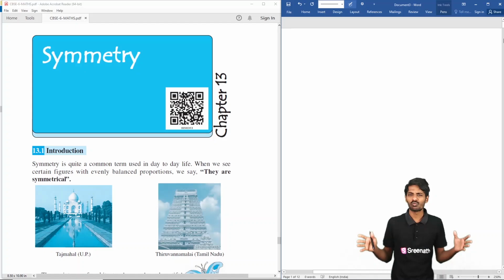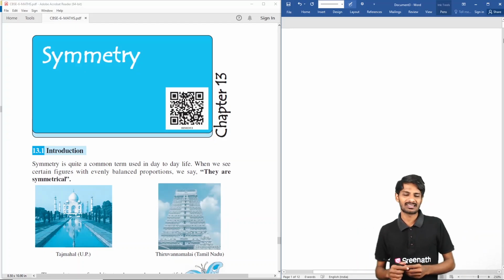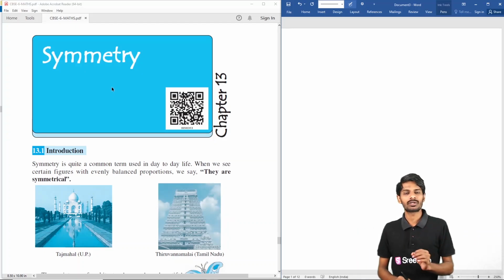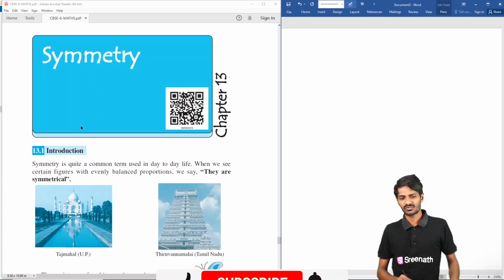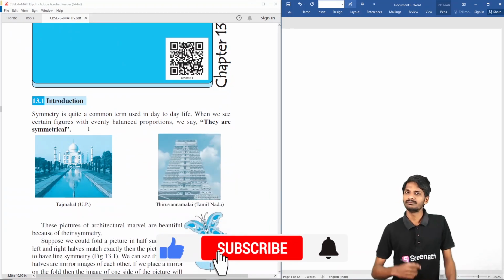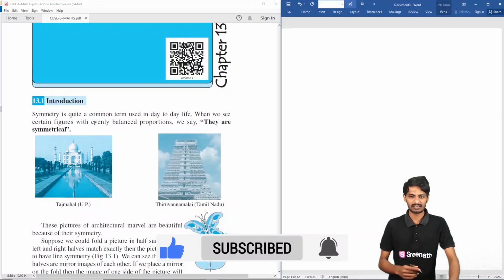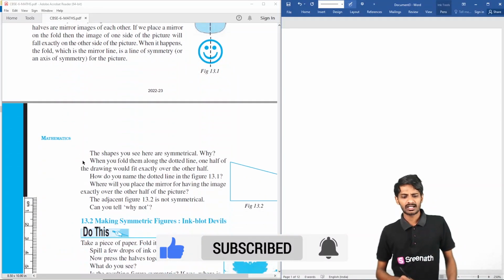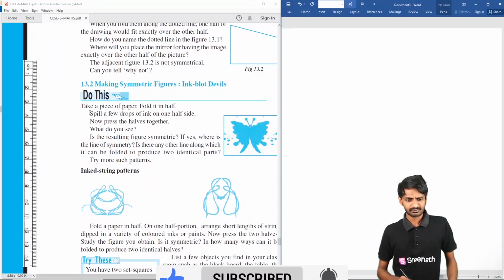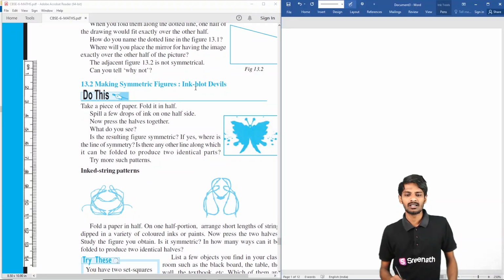Without wasting time, we are going to start this session with the chapter overview of symmetry. This is the introduction to the chapter, and after discussing it, making symmetrical figures, ink blot devils.